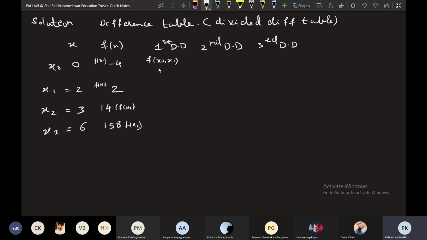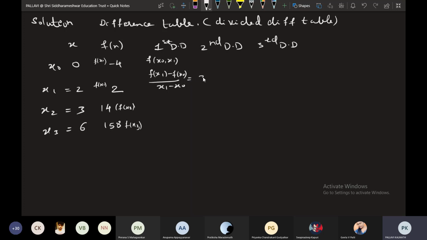So the first difference formula you have written yesterday is f of x1 minus f of x naught, divided by x1 minus x naught. So what is f of x1?